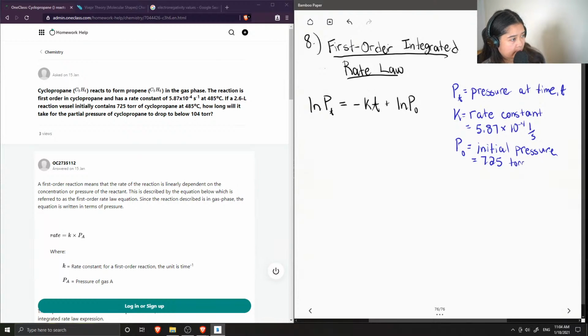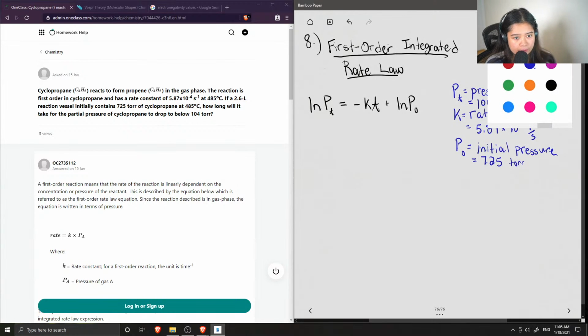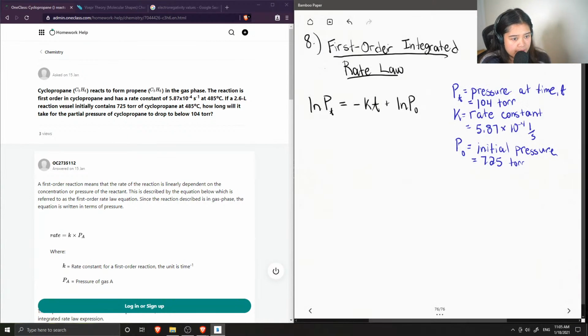And we know that the pressure at time t, which is what we're trying to solve for, is equal to 104 torr. So now all we have to do is plug in our values and solve for the unknown, which is time. So how long will it take for the partial pressure to drop below 104 torr?